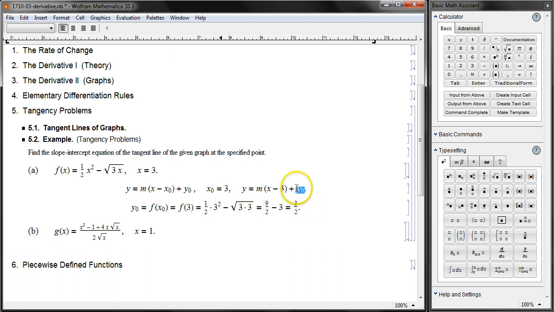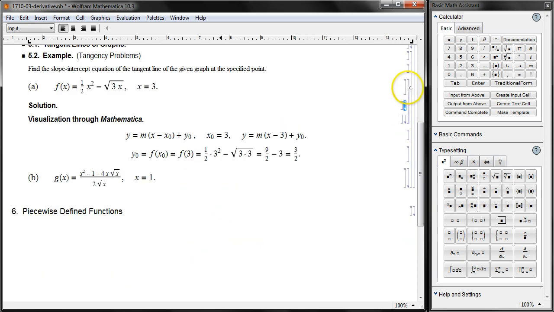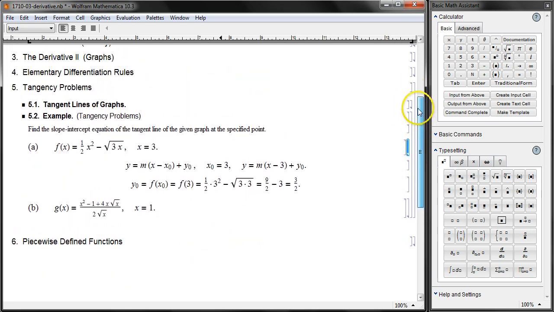I hope my computation is right, but even if it is a mistake, wait a minute, there's an easy way to check it. Let's see. Yeah, 3 halves is correct. Okay, let's go to the next step.